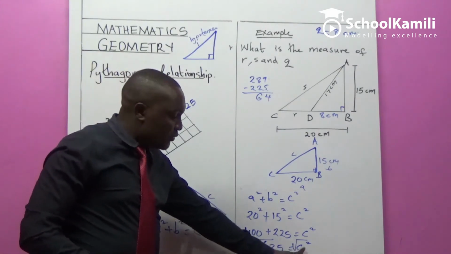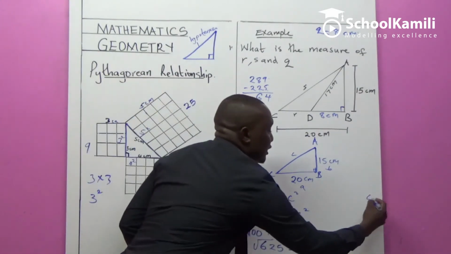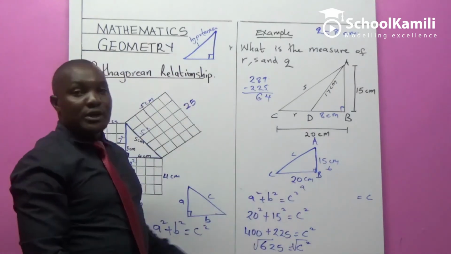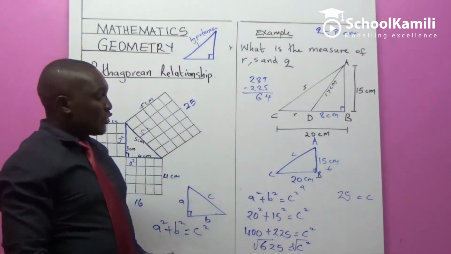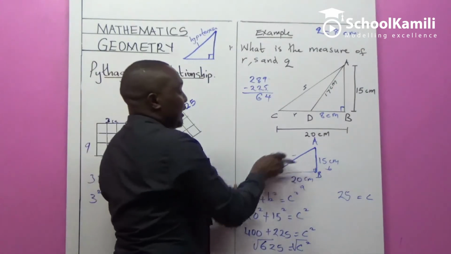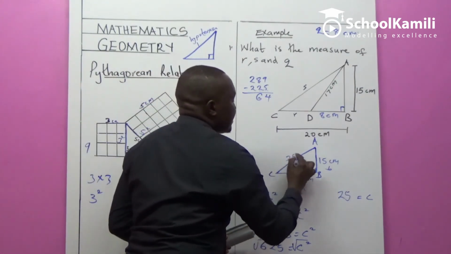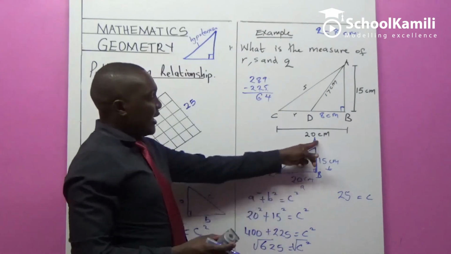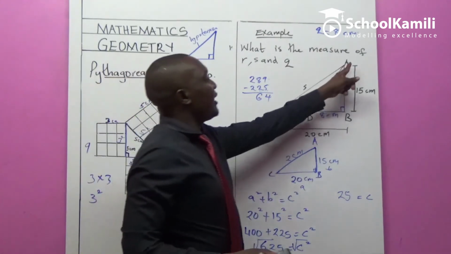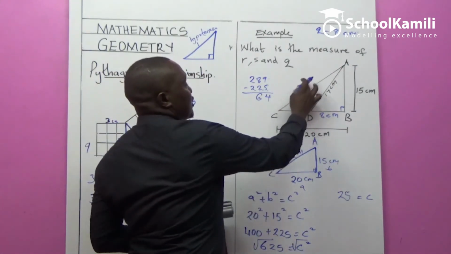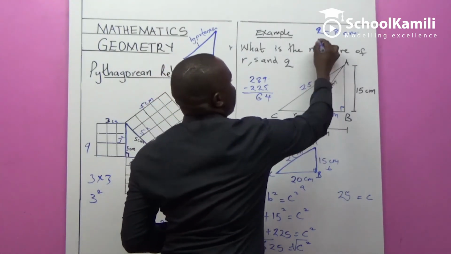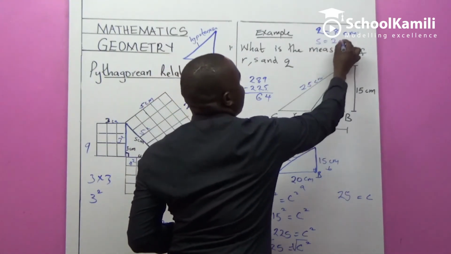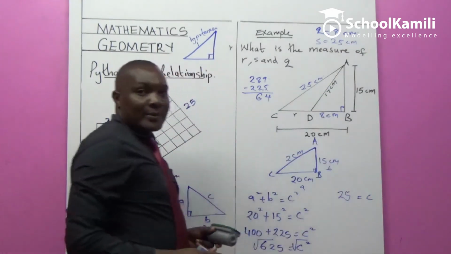When I get the square root of C squared, it will be C. And the square root of 625 is supposed to be 25. So our C here is 25 centimeters. And SC from our diagram here, SC is S. So we'll say S is 25 centimeters.